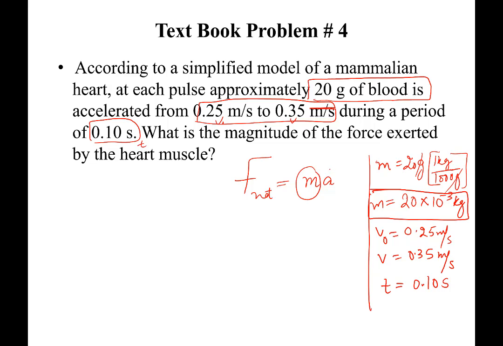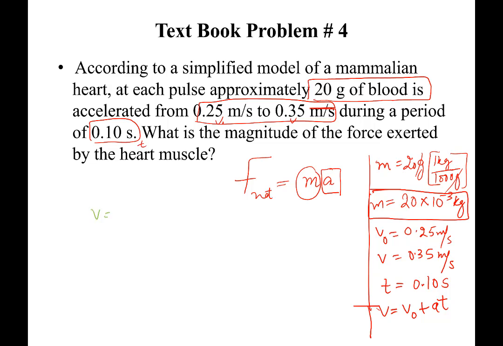So since you need the acceleration, if you remember the kinematic equations for one-dimensional motion, v is equal to v naught plus at will give you the acceleration. So go ahead and find out what the acceleration is from this equation. You can stop my video and work on it and then replay once you're done.